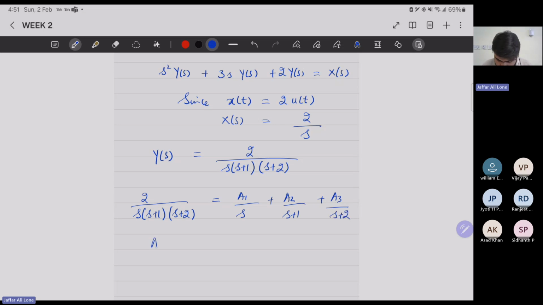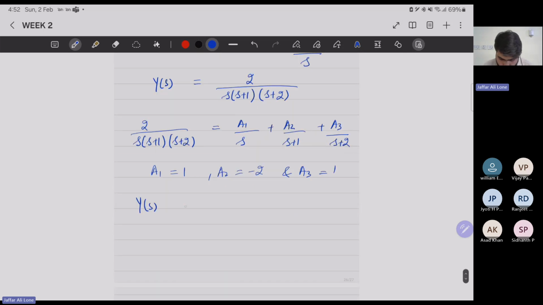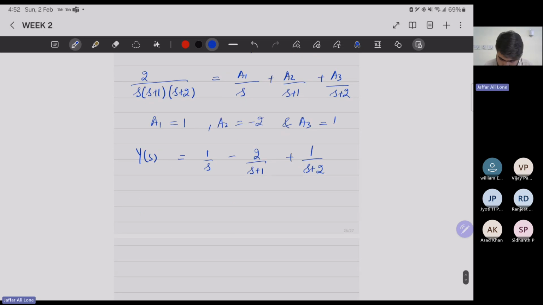We'll find the values of a1 as 1, a2 as minus 2, and a3 as 1. Therefore, Y(s) will be 1 over s minus 2 over (s plus 1) plus 1 over (s plus 2). Then taking the inverse Laplace, we'll get 1 minus 2 e raised to the power minus t plus e raised to the power minus 2t, times u(t). So this is the final answer.